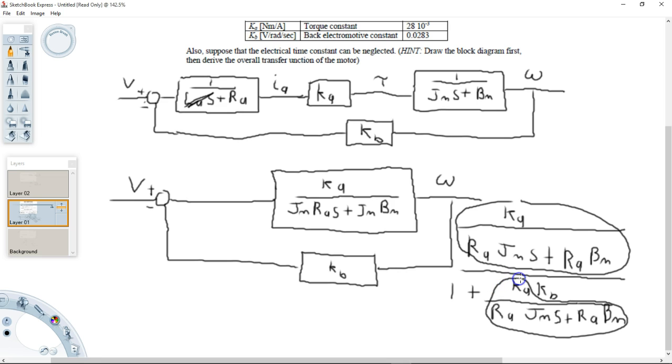And the only thing that I did with it is I multiplied it by KB as I was going back around in the feedback loop. This will be a positive or negative depending on if this is a negative or positive. So if this is a negative, this will be a positive. If this is a positive, this will be a negative.